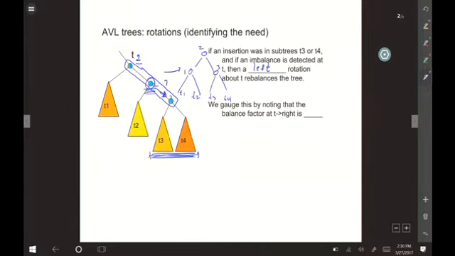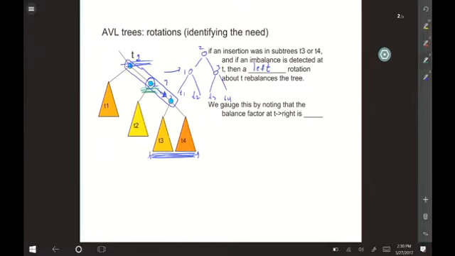I've already used height balance here to diagnose some kind of left, and now I want to use the height balance at this node, here, I'll put it in another color so you can see it, to determine that it's going to be a single left rotation.